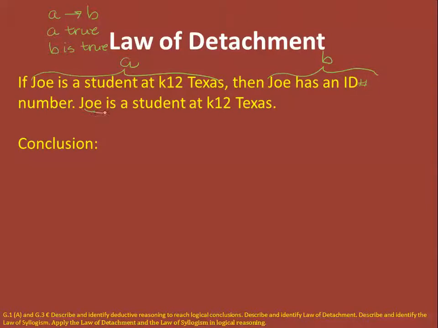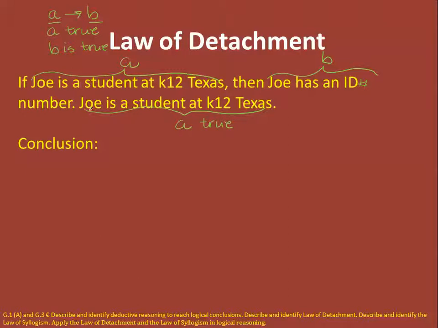Joe is a student at K-12 Texas. Well, that's A, and we're going to say that's true. So I've identified A: Joe is a student at K-12 Texas. In the phrase, I've identified part B, which is Joe has an ID number.